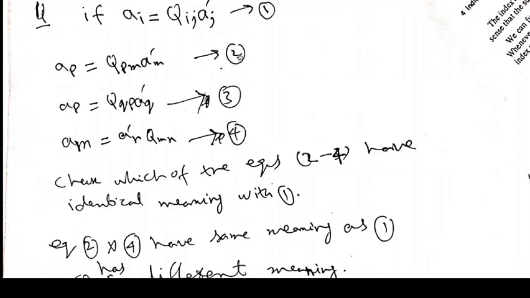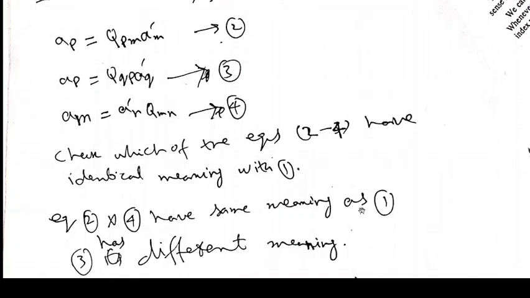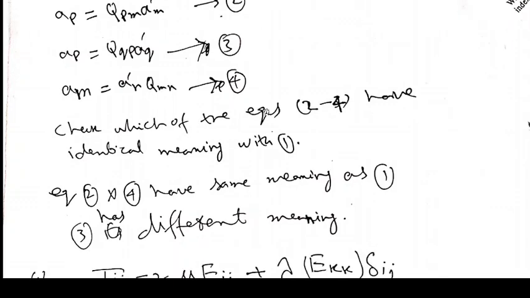We will say that 4 has identical meaning with 1. Thus, equation number 2 and equation number 4 both have the same meaning as 1 has, and 3 has a different meaning. I have explained how 3 has a different meaning and how these two equations, 2 and 4, have the same meaning as 1 has.